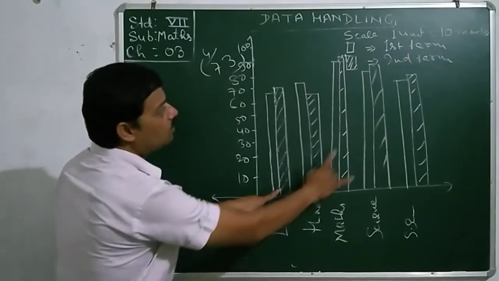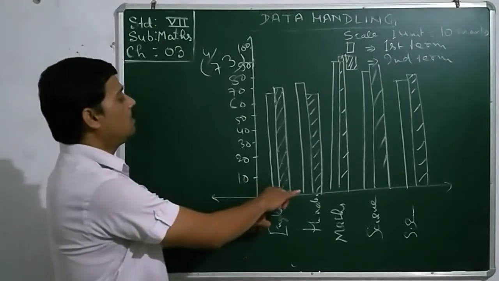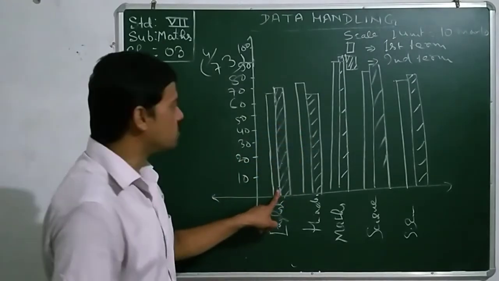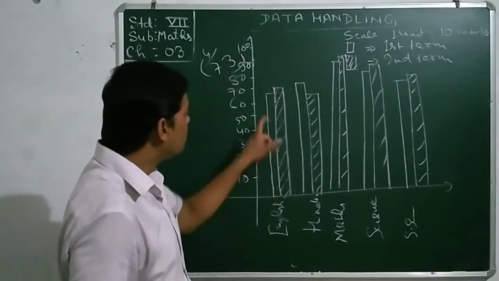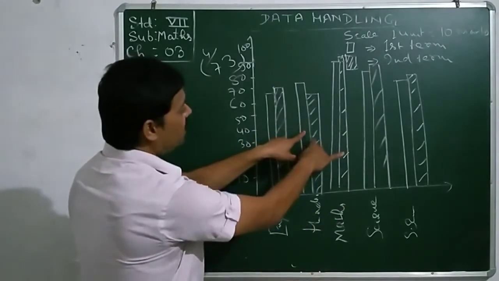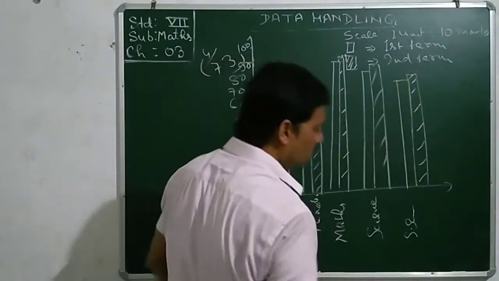And if the performance in the second term has gone up, then only you can respond to this question. Let me see in how many cases the second bar is higher. In the first, the second is lower. In the second, in the third, and in the fourth.